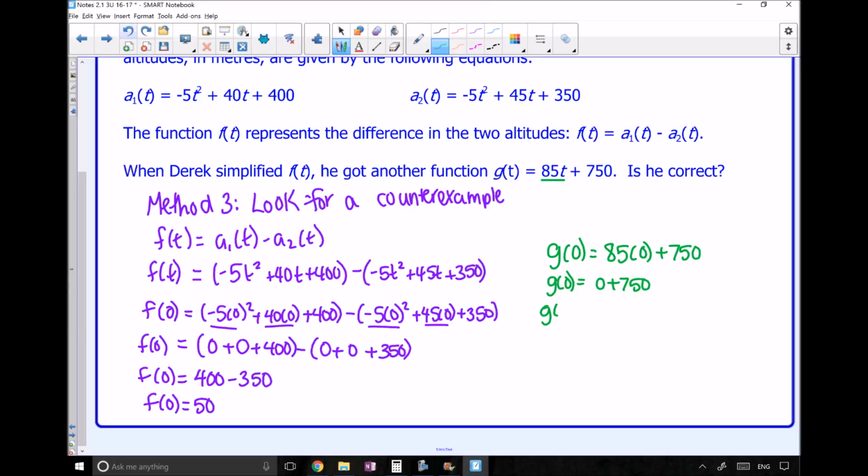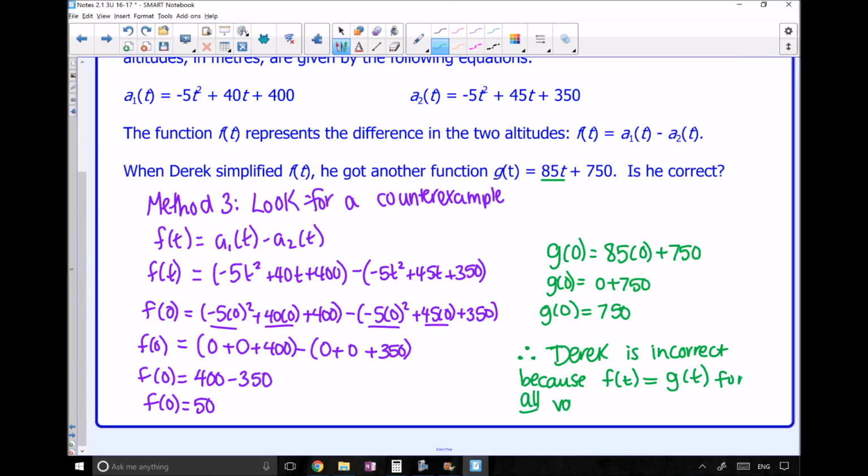Okay, so therefore I can conclude, again, Derek is incorrect because f of t is not equal or equivalent to g of t for all values of t. And this is why this is called a counterexample. So a counterexample proves a statement is false.